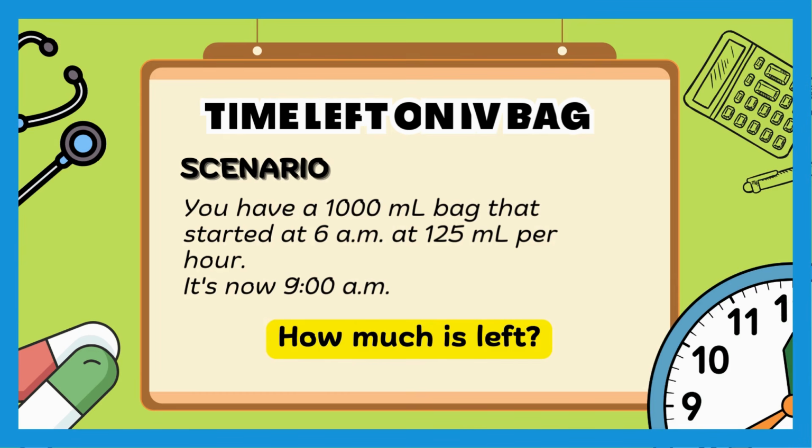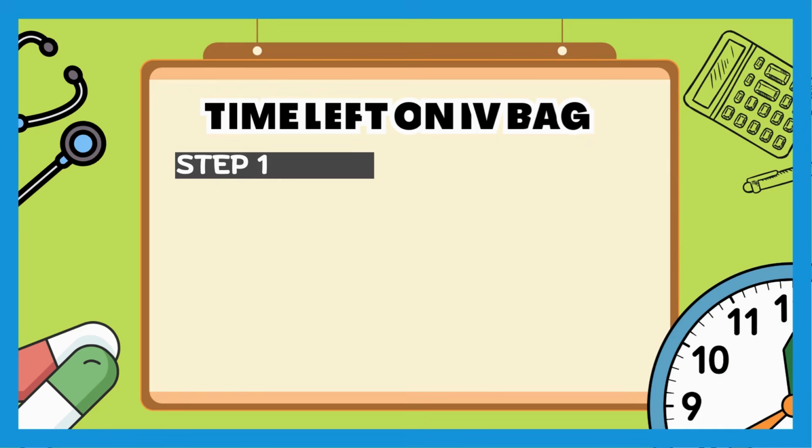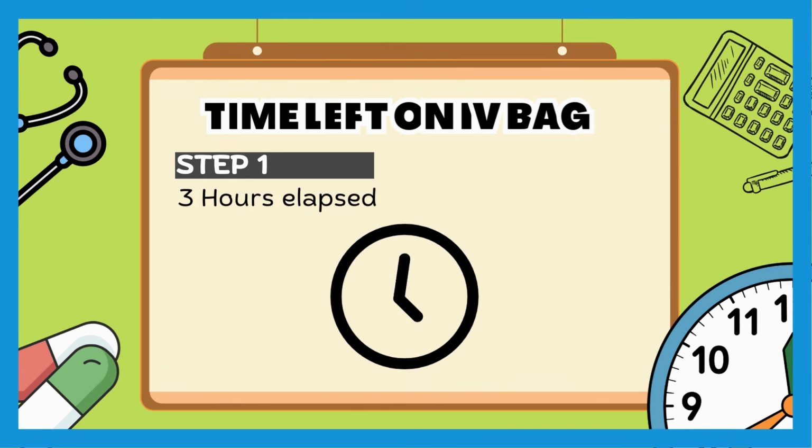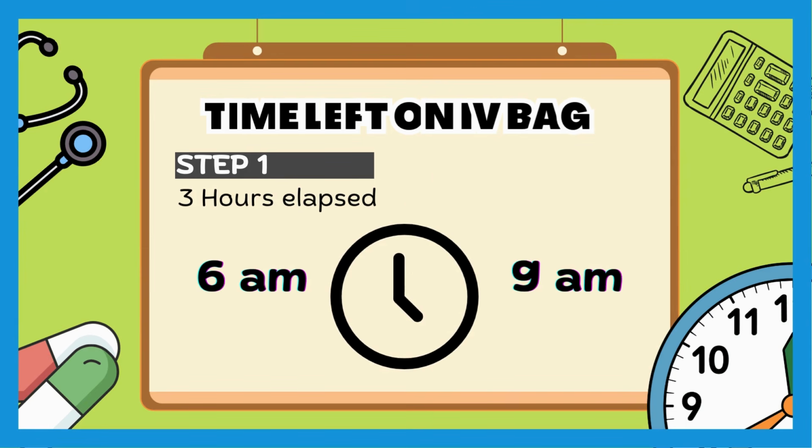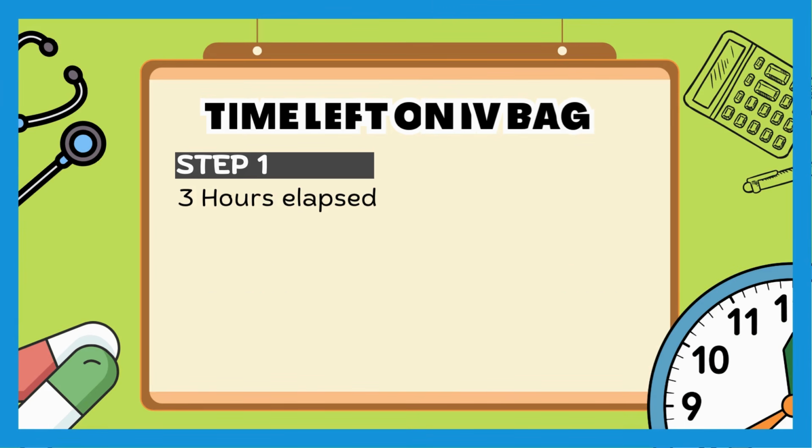This is a two-step process. So let's go. The first step shows that 3 hours have elapsed. Okay, so you started at 6 a.m. and now it's 9. So when you do that calculation, you realize that 3 hours have gone by. You already know how much it's running per hour because it told you that it's running at 125 ml per hour.